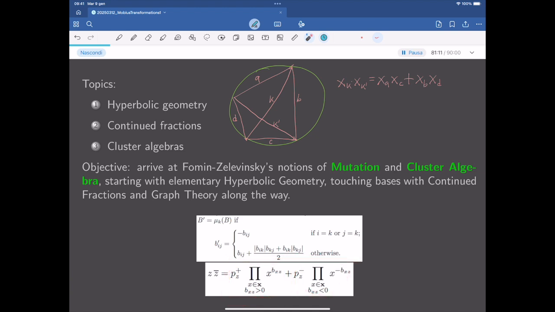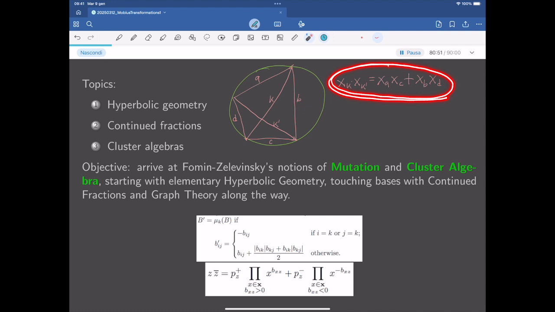And what we are going to see is that in this context, the monomials are actually just very simple monomials.